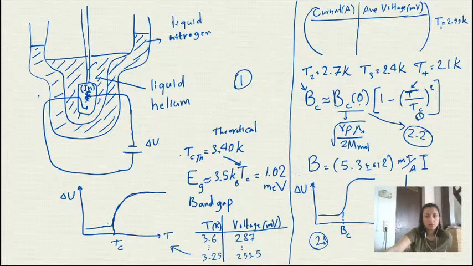Calculate the theoretical value of the thermodynamic critical field BC0 for indium and compare it with the experimental one. Yeah, of course, we can compare it with the last part that we get from the experimental value.